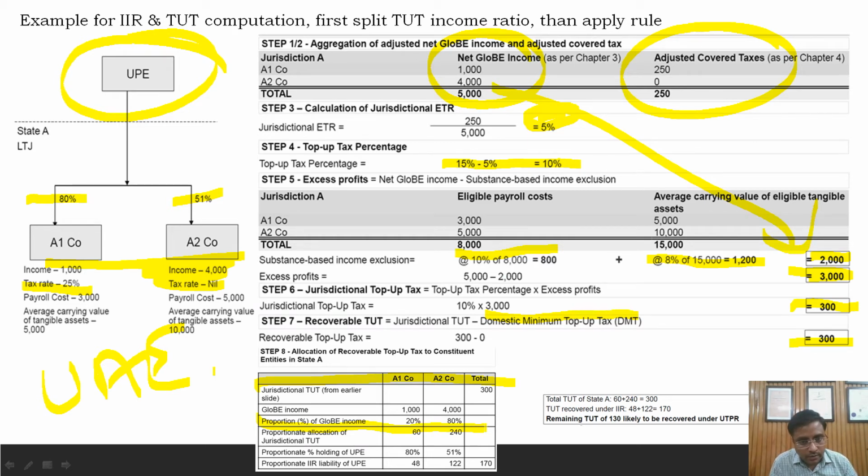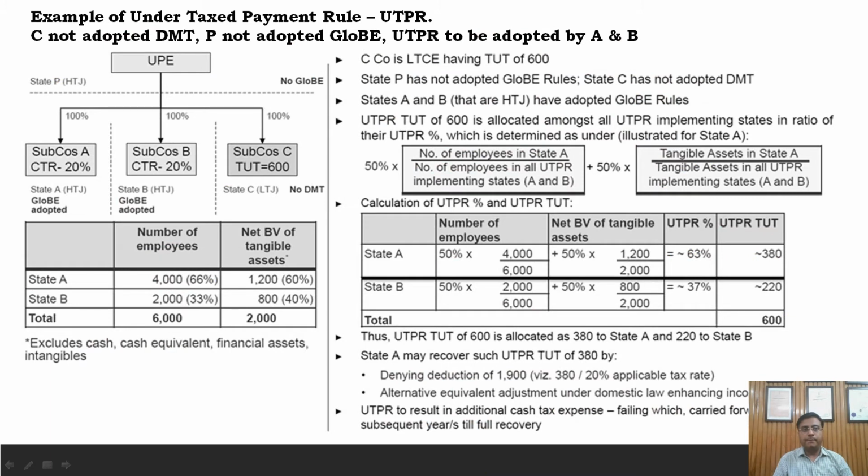So our proportional jurisdictional TUT is 60 to 40. Now we further apportion by the holding ratio. So our recoverable top up tax is 170. So the TUT of 170 will be recovered through the IIR, and the rest, 130, is recovered through the UTPR. So this is the example.